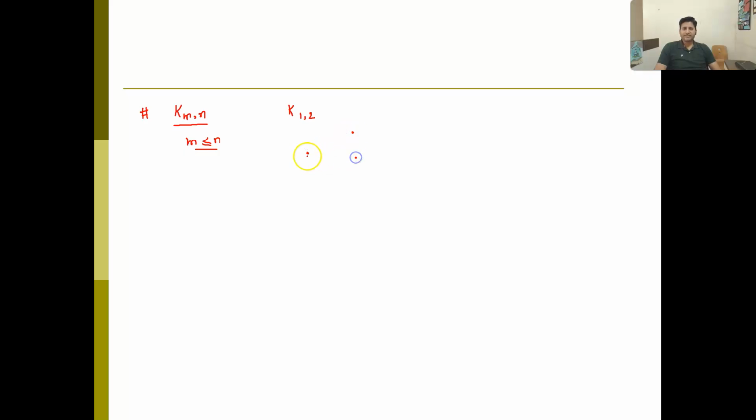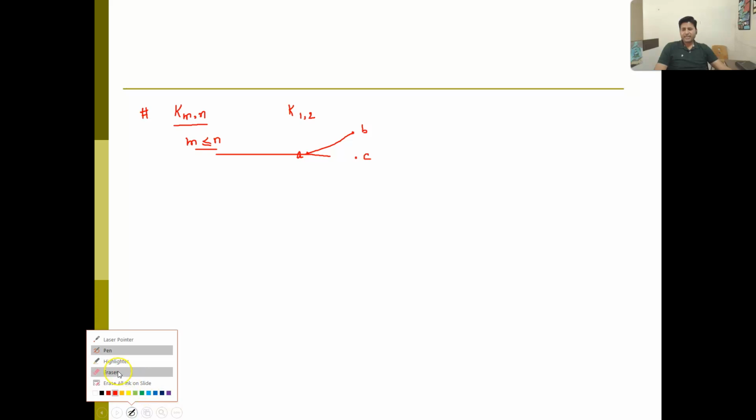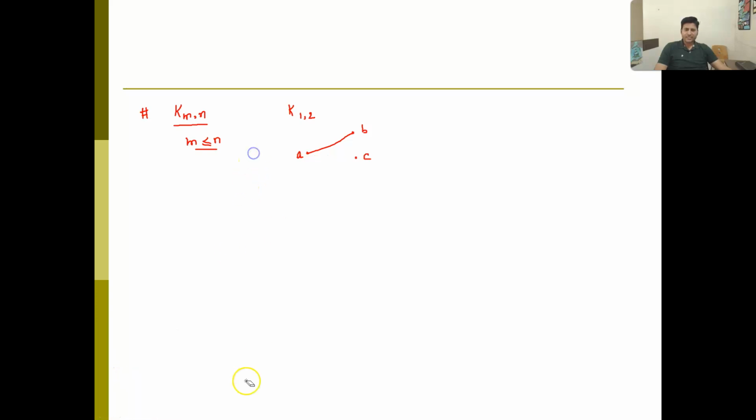One partition is having one vertex, let it be A. Second partition is having two vertices, let it be B and C. And every vertex of the first partition is connected to every vertex of the second partition. If this condition holds, we call this graph a complete bipartite graph. So this is your K12.